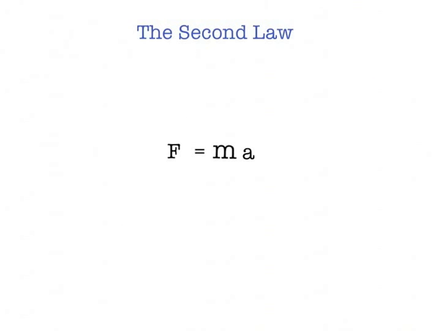I've actually alluded to this law back in the first video, remember F01, I think, but I said not to worry about it. Well, now it's time to worry about it. In the second law, Newton basically states the relationship between force, mass, and acceleration. But this formula that you see right here was actually worked out by a mathematician called Euler. F equals ma: force equals mass times acceleration.